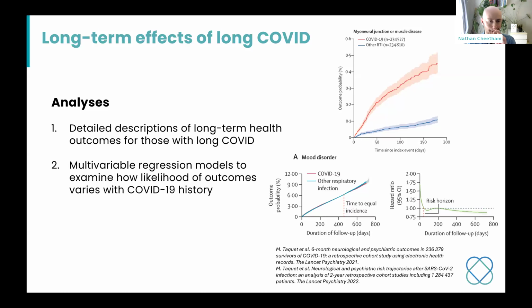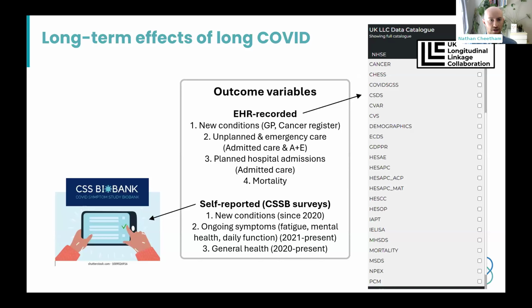So in terms of what we actually want to look at, within the UK LLC, on the right hand side is the long list of all the different NHS data sets that are available within the platform, and it covers all different types of healthcare activity, from hospitals to GPs, and then more specialist areas such as the cancer register.